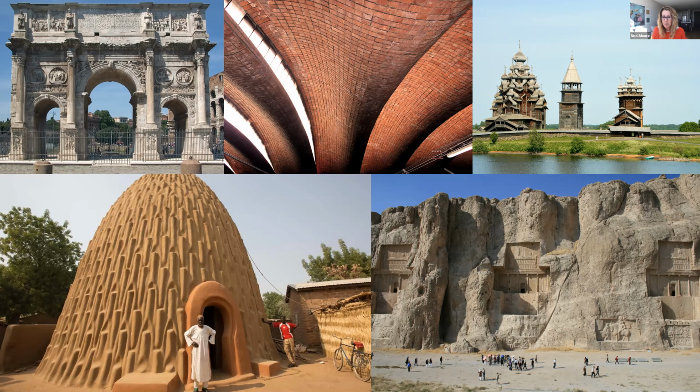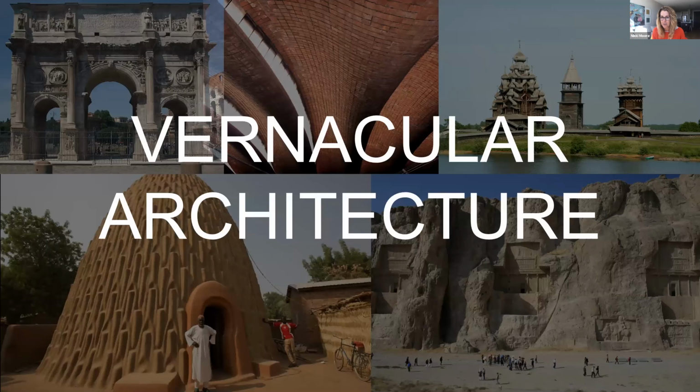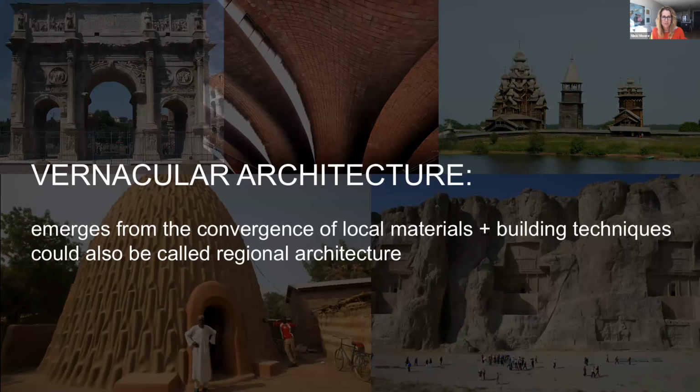There's another name for this, and it's called vernacular architecture. Have any of you heard this term before? Let me get to where I can see all of you. Anybody? Okay, so vernacular architecture is this. It emerges from the convergence of local materials and building techniques.